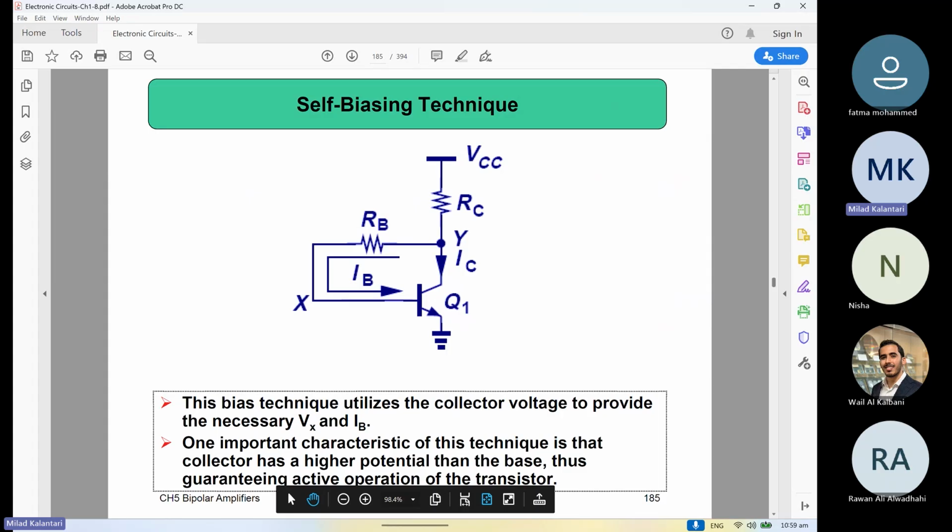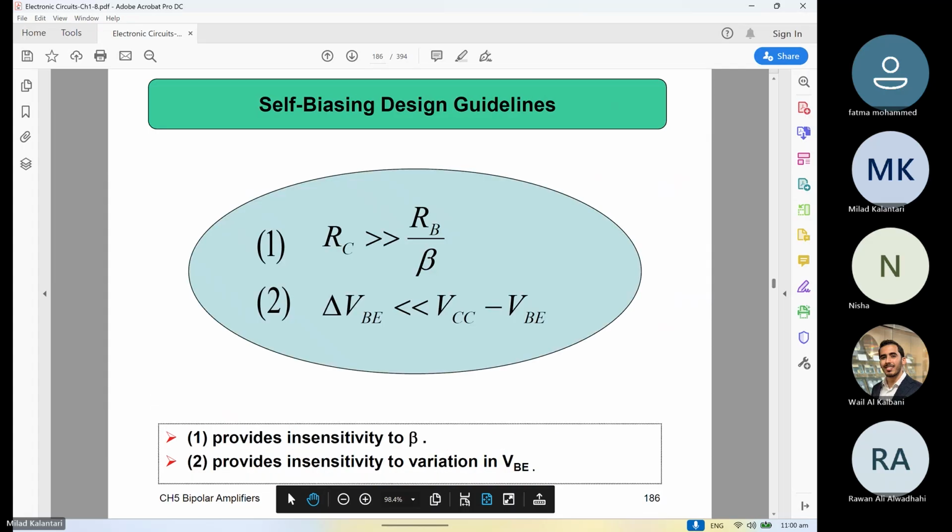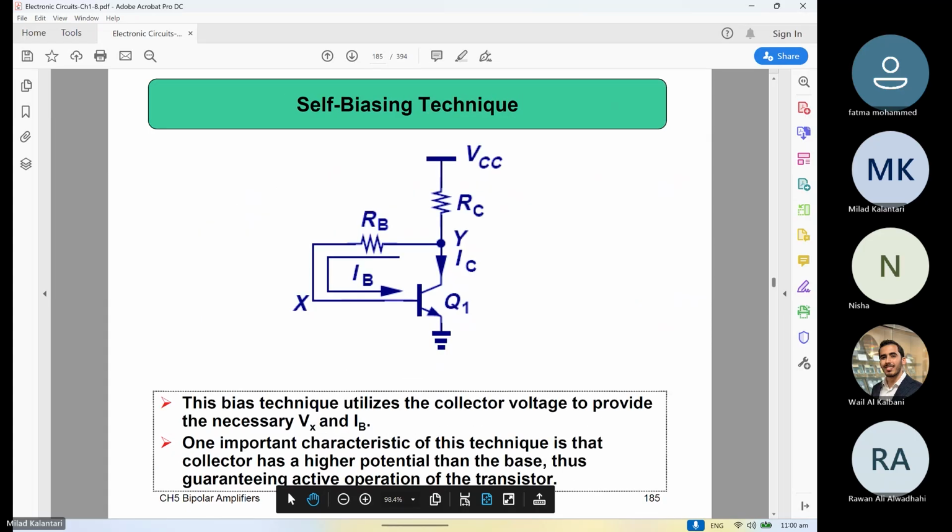Can you try to find the IC for this circuit? So here I see it is across the resistor RC.